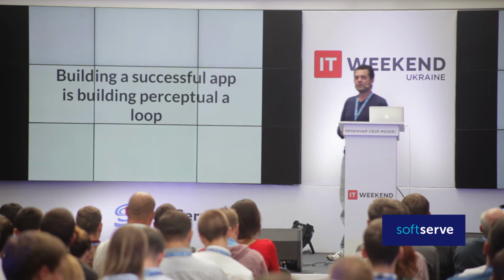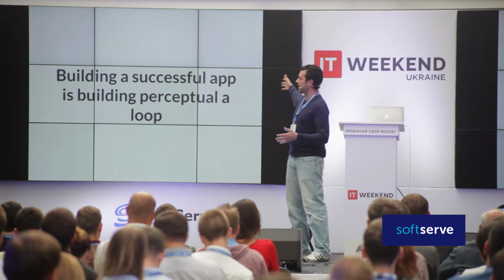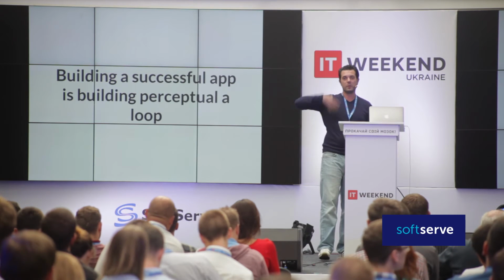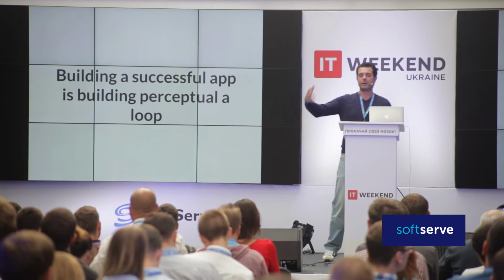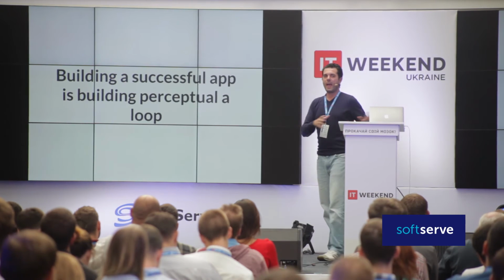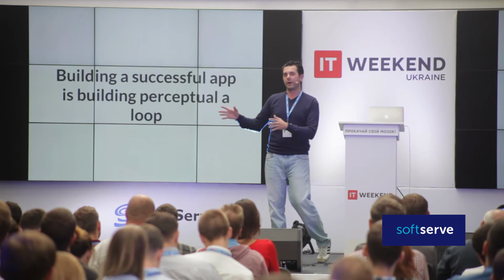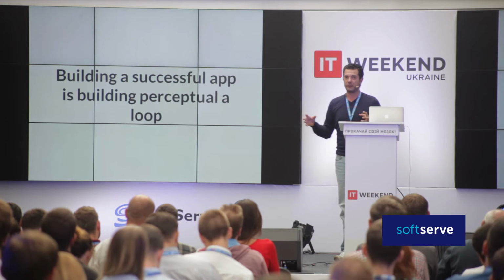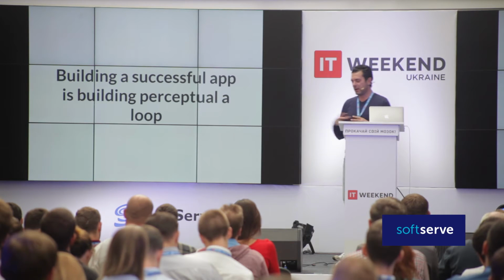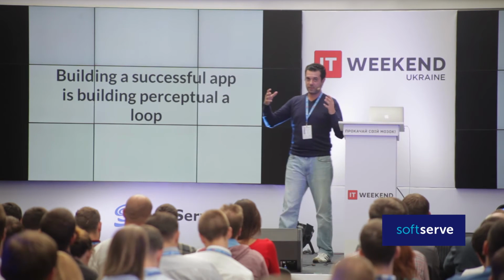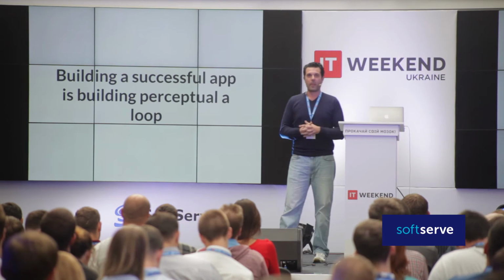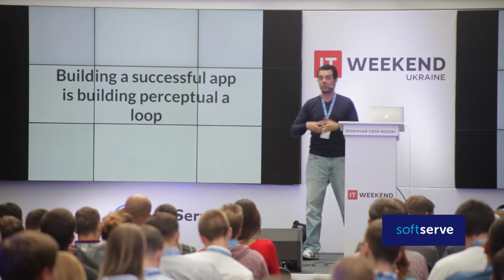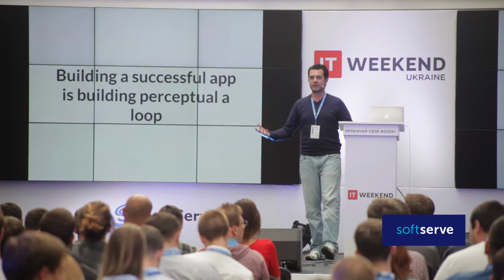So building a successful app, product, service is building this loop, this perceptual loop. This, okay, I have a need and I know where to go. This association. And that has nothing to do with the programming language, with the time you spend on the programming language and on coding, on the design and stuff like that.